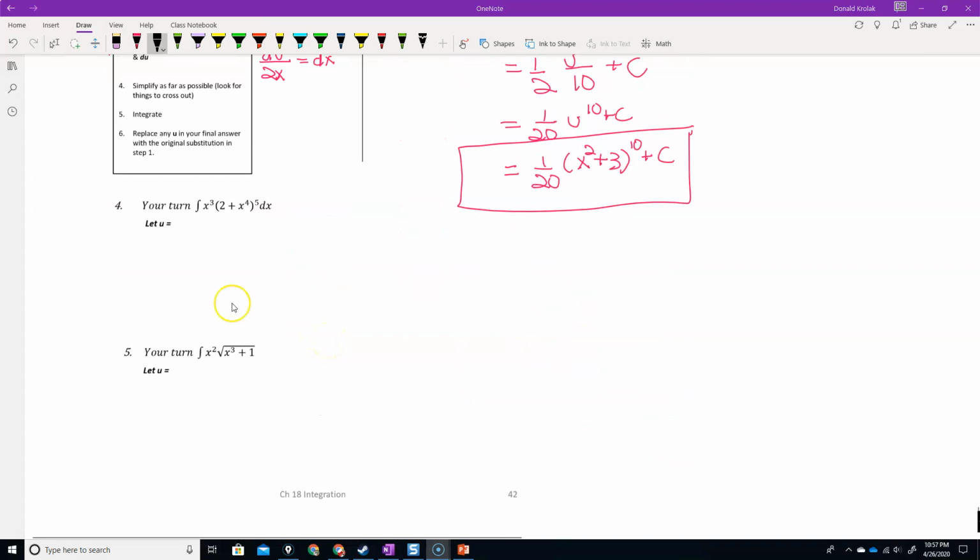Okay, number 4. u is going to be this inner function. Take my derivative, du with respect to x. It's going to be 4x cubed. Solve that for dx.